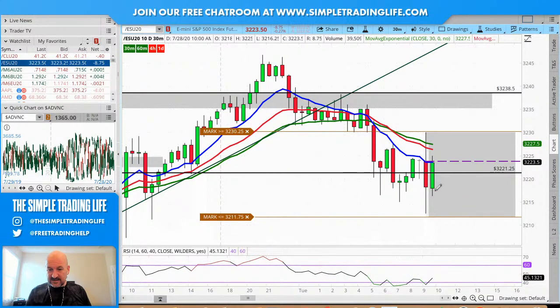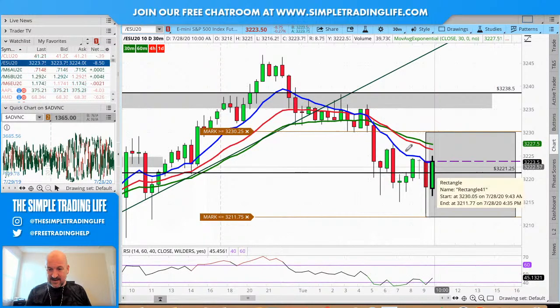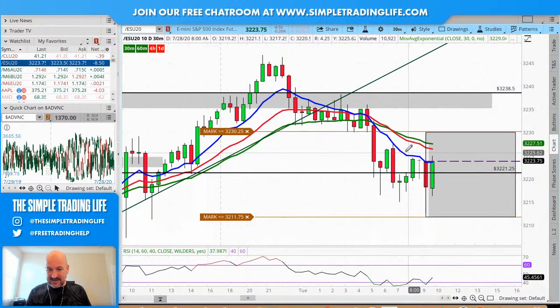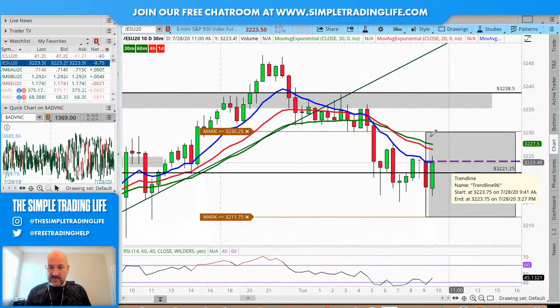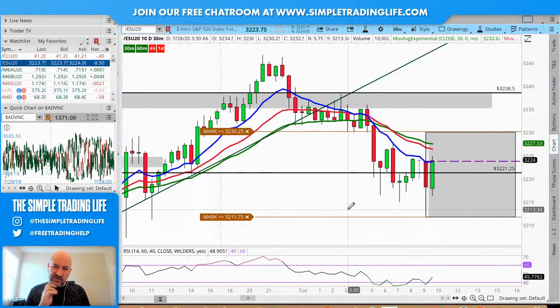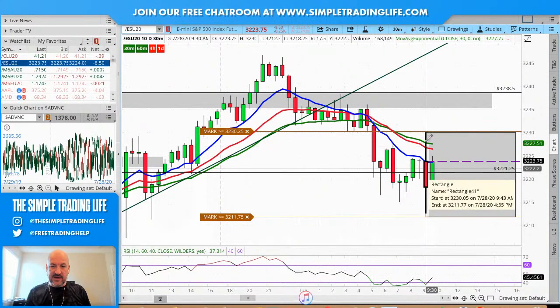Okay, so we see price here has come back to both the 10 EMA and the opening price level. This opening candle, remember, if you guys are new here, I say this all the time, so get this in your head. The opening candle of regular trading hours, that's your 9:30 Eastern candle, is sort of its own animal.